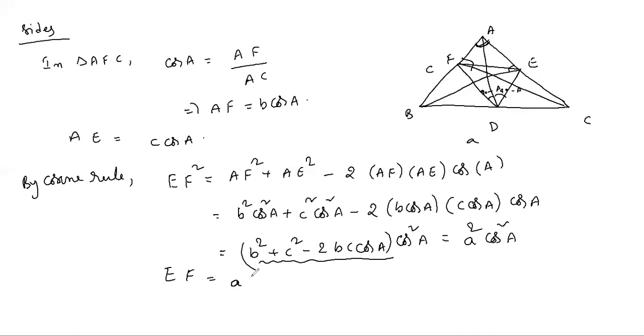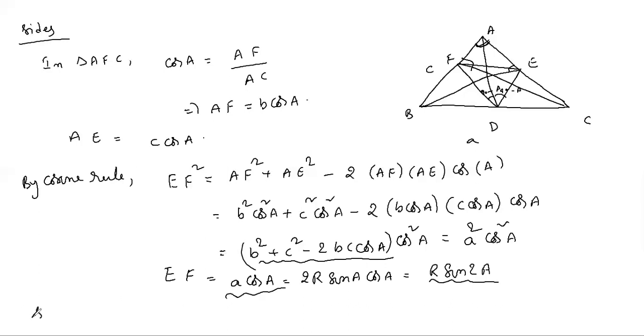So what is EF? EF is a cos A, or you can write 2R sin A cos A. So R into 2 sin A cos A is R sin 2A. So this is also a formula to find the sides.